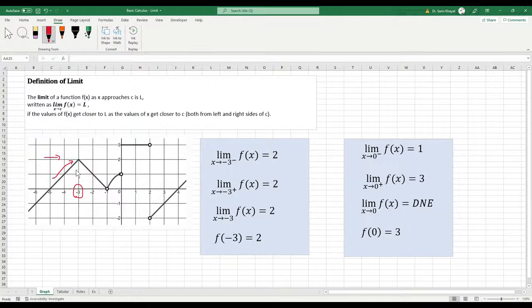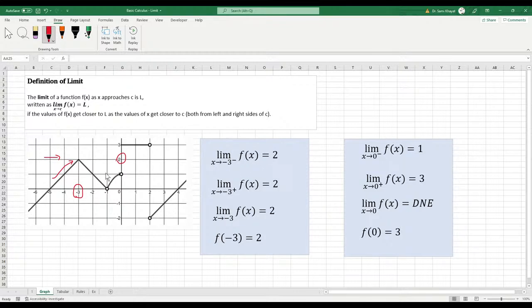You can see the value at negative 3 will give you 2. Y will be 2. That's why the limit of x approaching negative 3 from the left side of this function equals 2.